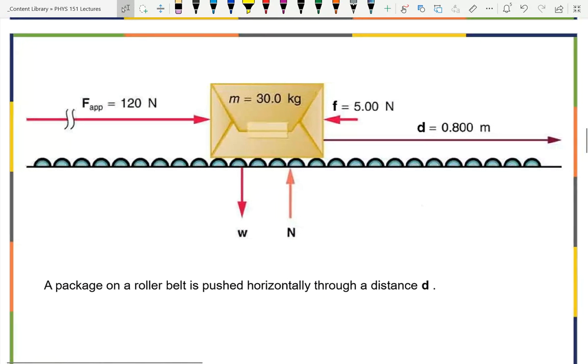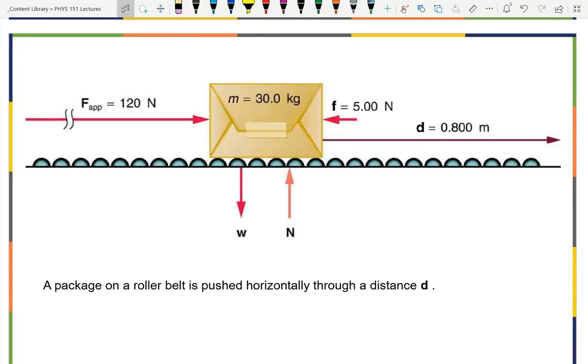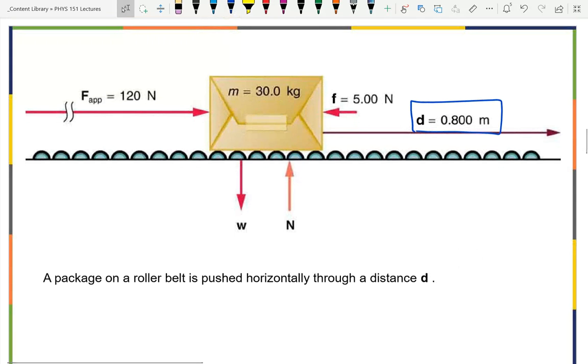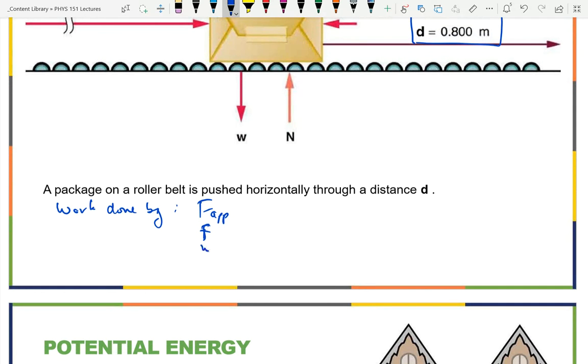Let's just jump straight into a problem. A package on a roller belt is pushed horizontally through a distance d, and notice that d is given to you. I'm going to ask five questions: work done by the force applied, the force of friction, the force of gravity, the force normal, and then the net work.